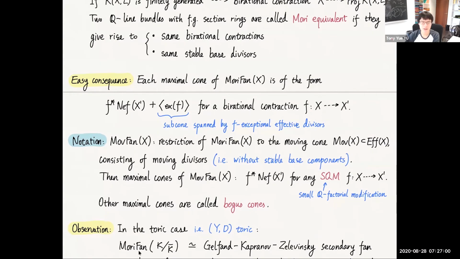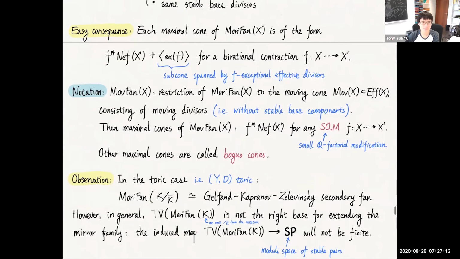Then maybe we can try to use this Mori fan as base for the mirror family. However, in general, the toric variety associated to the Mori fan, since we will be working with K bar all the time, let's just omit K bar from the notation, is not the right base for extending the mirror family.